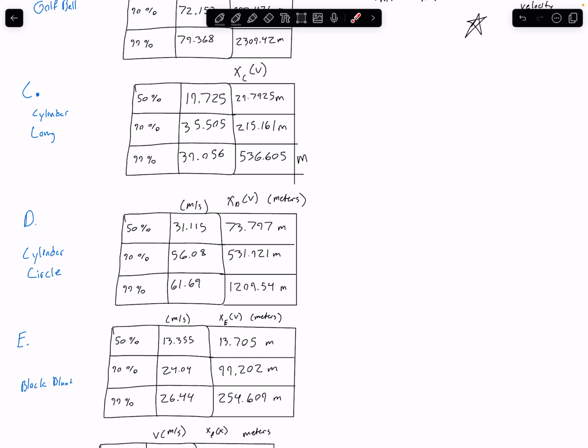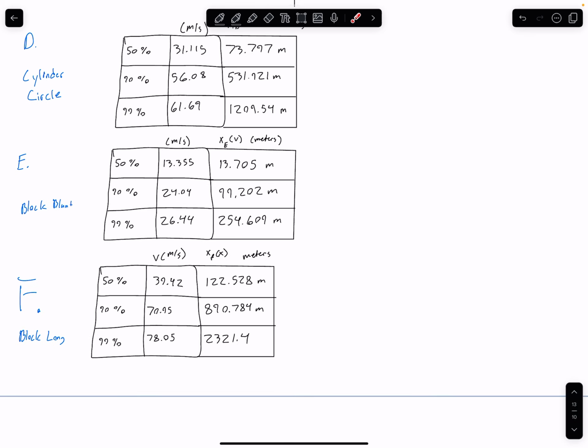1,209.54 meters. And for the block blunt, which means when it's a square, to reach half of its terminal velocity, it takes 13.705 meters. To reach 90%, it takes 99.202 meters. And to reach 99%, it takes 254.609 meters.